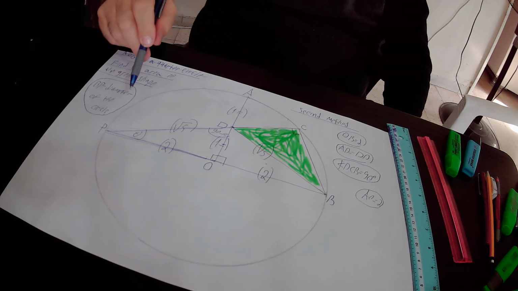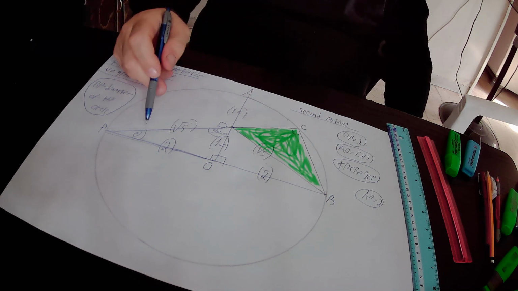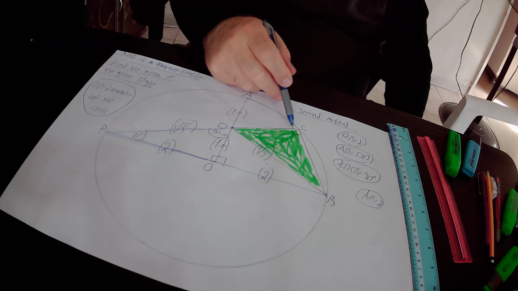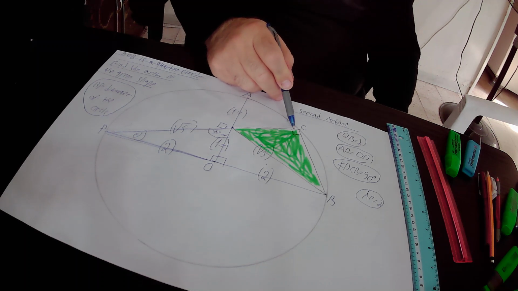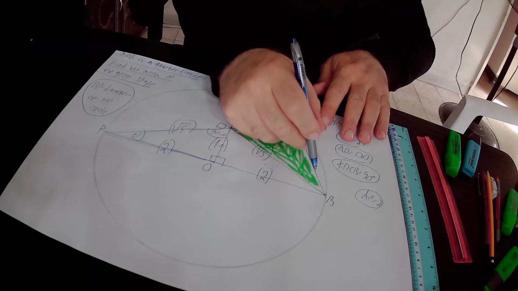Likewise, we focus on the big right triangle PCB. In the big right triangle PCB, this angle equals theta. This angle equals 90 degrees according to what is given in the question, therefore the missing third angle must be equal to 90 degrees minus theta.